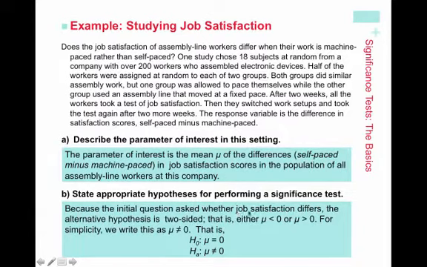The initial question asks whether job satisfaction differs, and the alternative hypothesis is two-sided. So we're going to say the null hypothesis is 0. So we're wondering, is there no difference between these? That's our null. Our alternative hypothesis is there a difference? Is one better than the other? So mu does not equal 0.